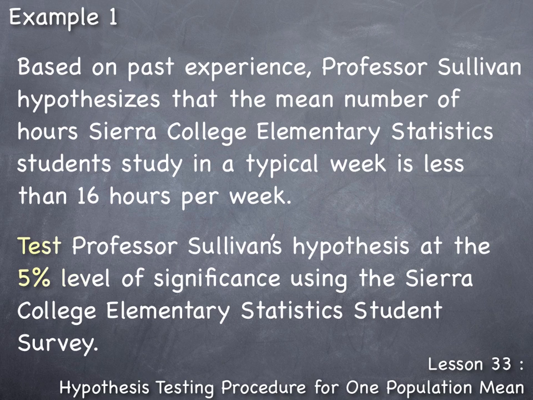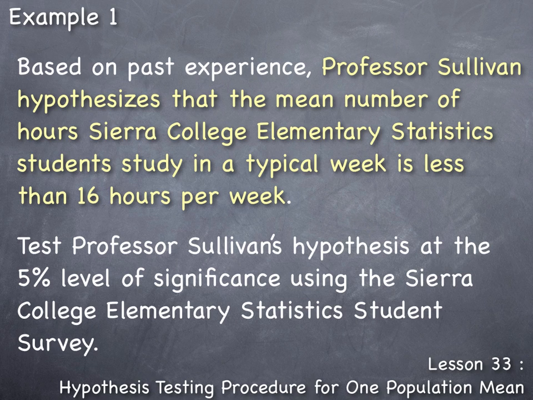So in this example, we'll be testing Professor Sullivan's hypothesis at the 5% level of significance. Thus, we'll be conducting a hypothesis test procedure using the level of significance alpha of 0.05. Professor Sullivan hypothesizes that the mean number of hours Sierra College elementary statistics students study in a typical week is less than 16 hours per week. This verbal form includes the mean, which is denoted statistically as mu.